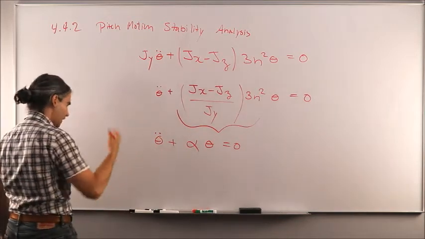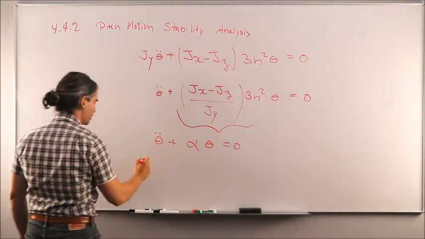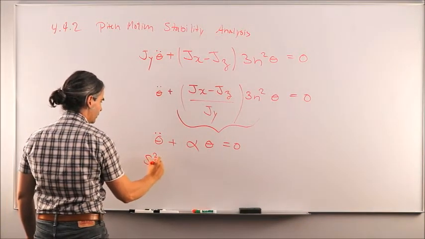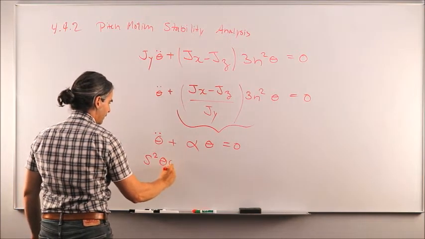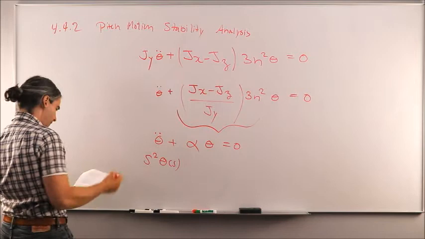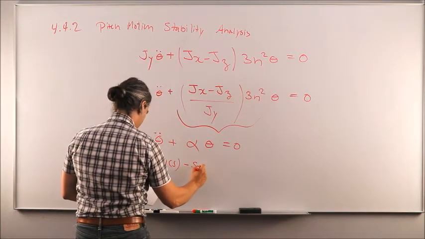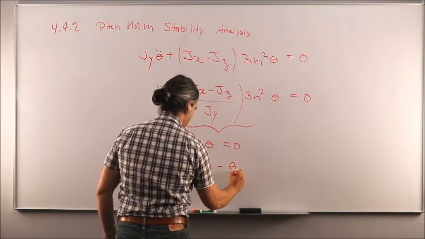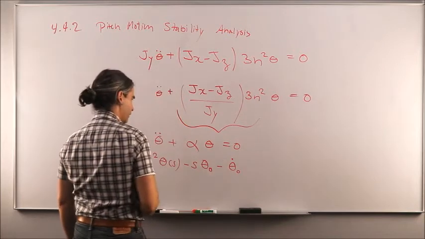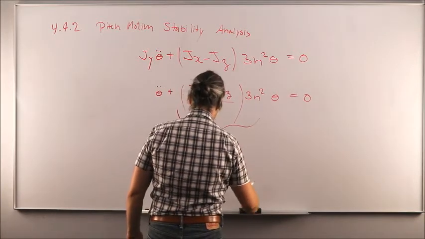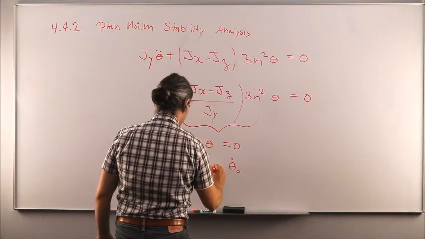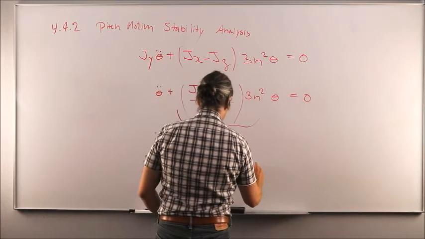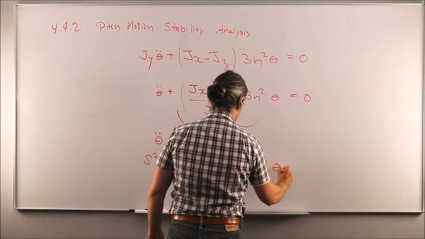Same old, I'm going to use the Laplace transform on that equation, not forgetting about the initial conditions. This term is going to turn into s squared times the pitch angle in the s domain, minus s times the initial pitch angle, minus the initial rate of change of that angle. Those are constants. Plus alpha times the angle in the s domain.